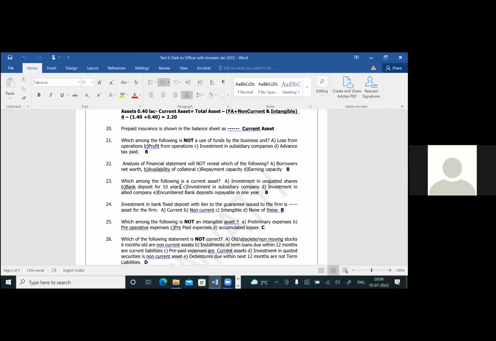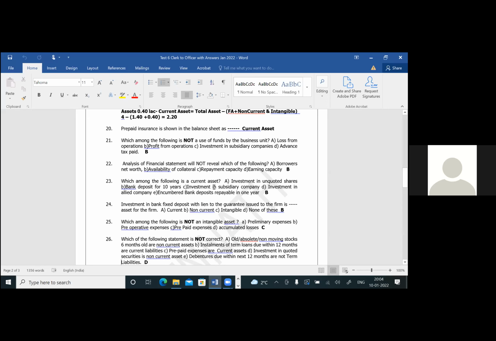Even though it is a bank deposit for 10 years, you have to say it is an unencumbered deposit. So bank deposits of any maturity, which are not encumbered, are a current asset.